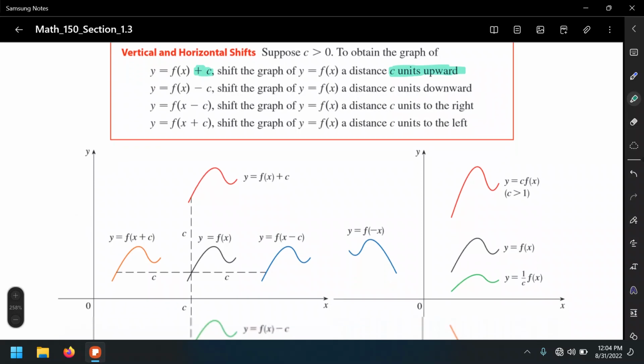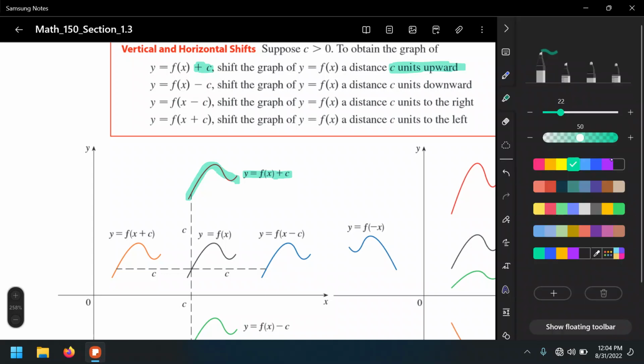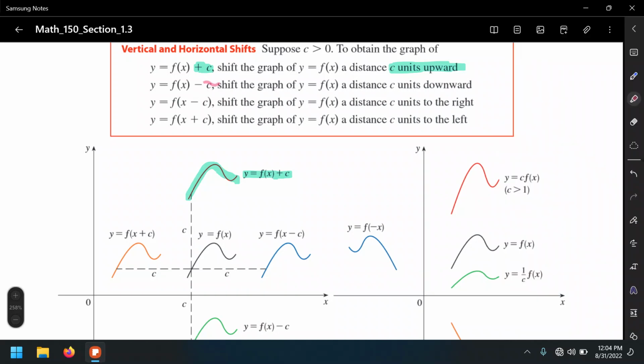And well, we have the picture here. Let me highlight it with the same color so you can see the connection with each color. So if we start with the graph of f of x, whatever graph of f of x, we're shifting it up c units.